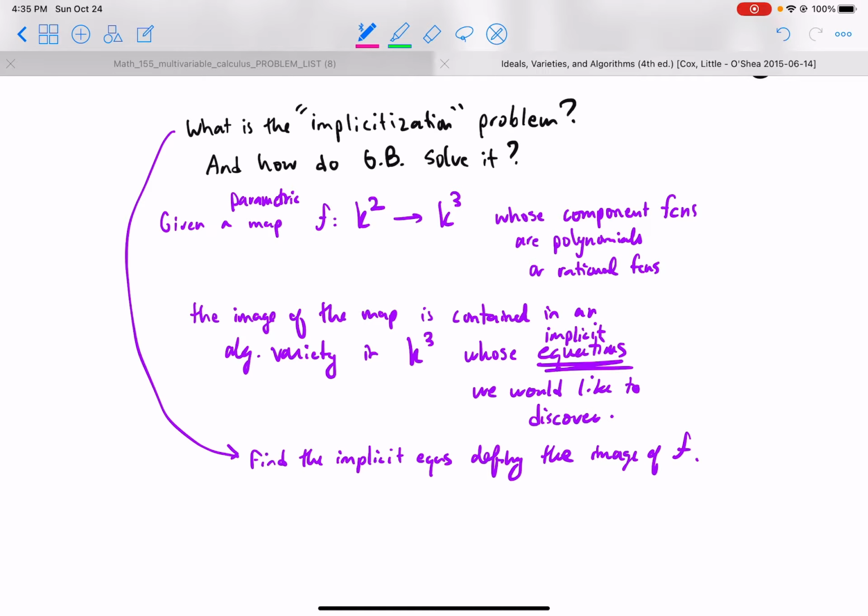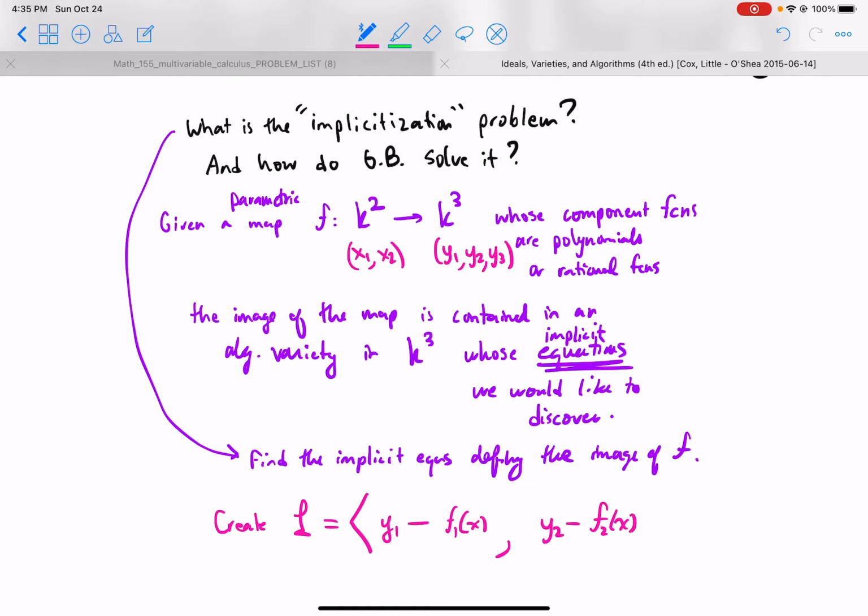Well, if you decided to call these variables x1 and x2, and these variables y1, y2, y3, then you would create an ideal I equals y1 minus the first component function, y2 minus the second component function, y3 minus the third component function.